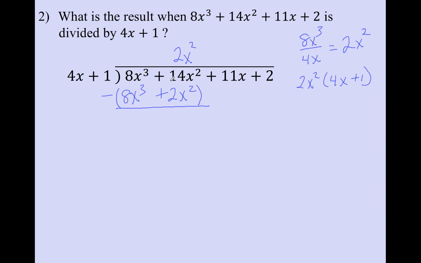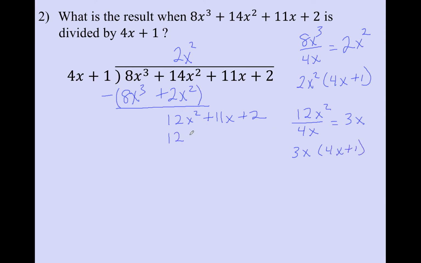This is going to cancel. 14x squared minus 2x squared is 12x squared. Bring this down. Repeat the process. First term divided by 4x becomes 3x. Take 3x, times it by 4x plus 1.